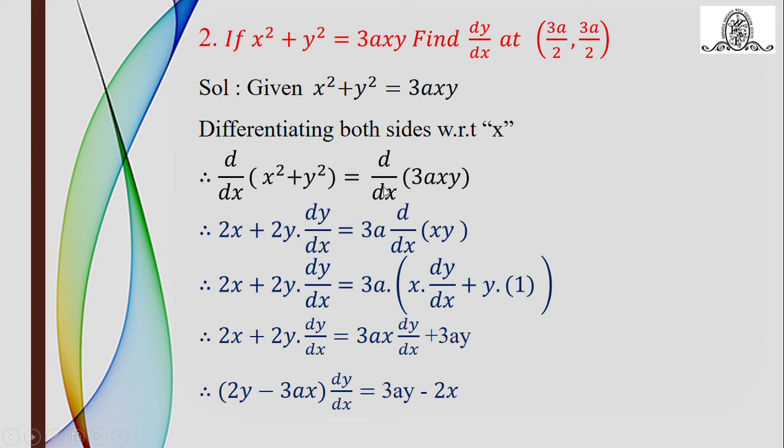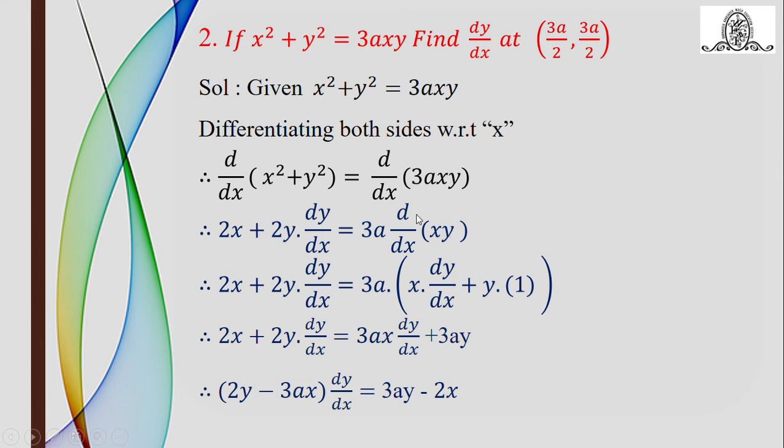Next, the RHS, d by dx of 3axy, in which 3a is a constant in a multiplication, so you can take it out of the derivative and write the derivative for x into y, just the variable part. Here the term is actually a product, x into y, so while differentiating it you have to use the product rule.